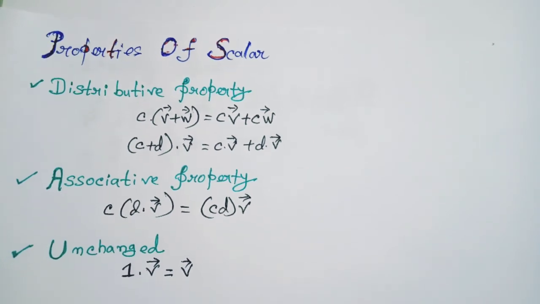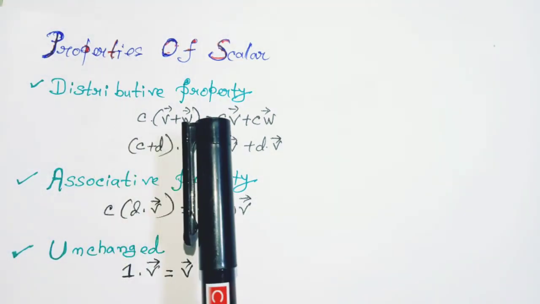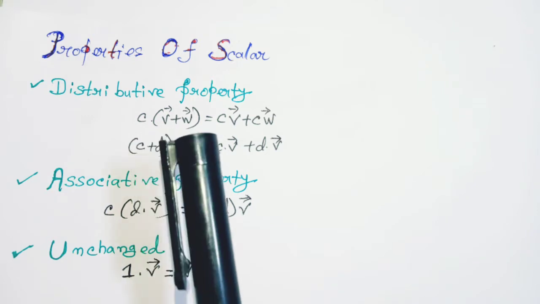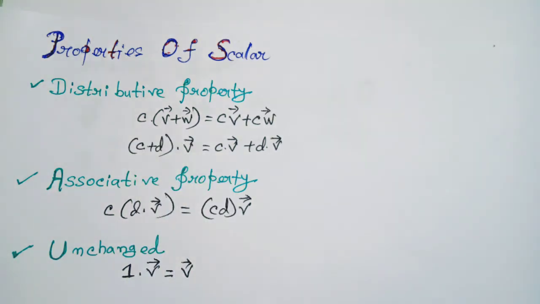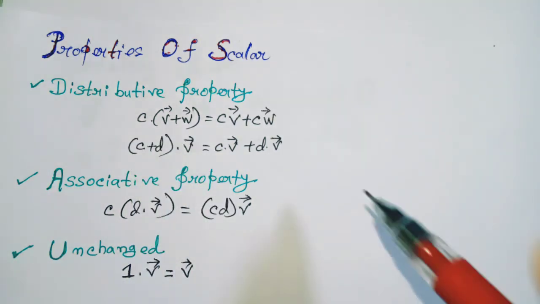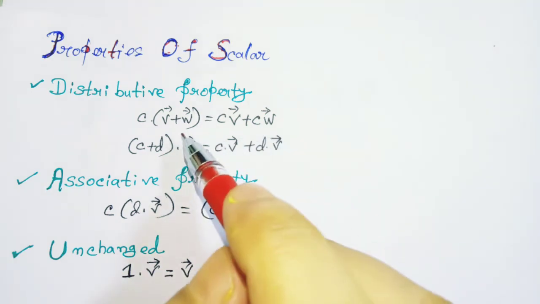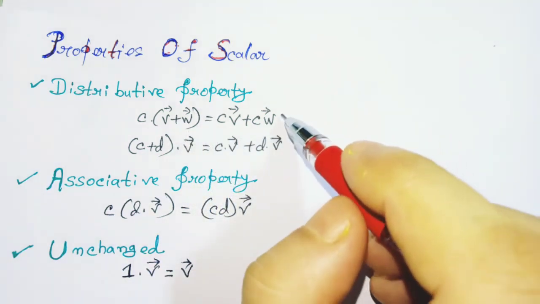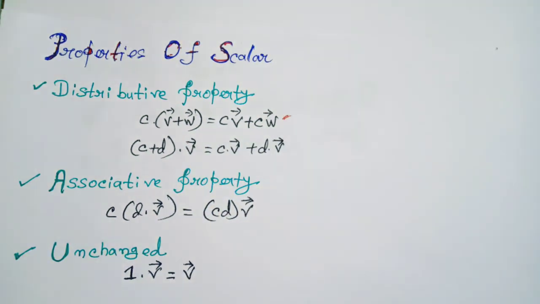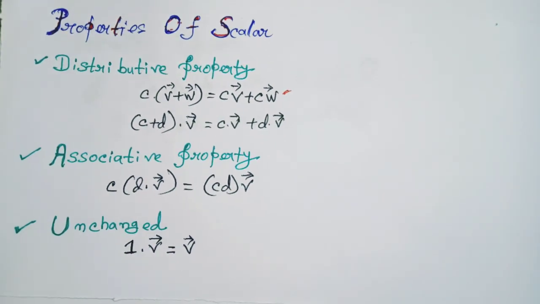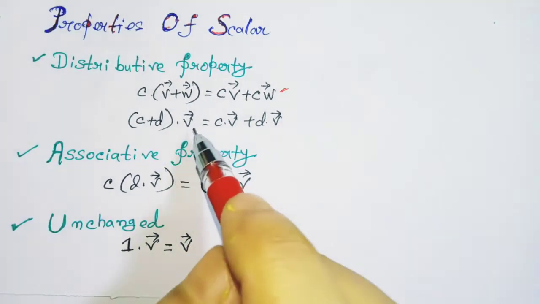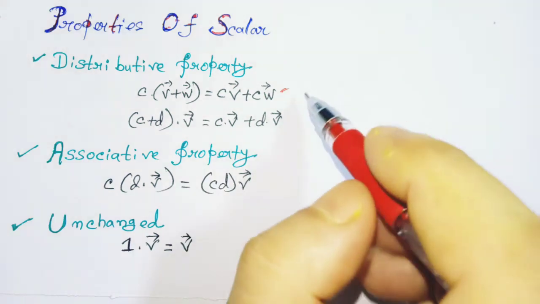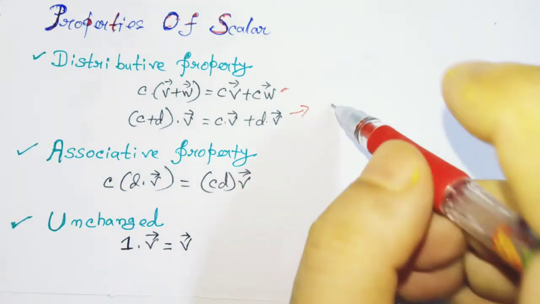So see, the properties of scalar is called a distributive property. I will just show you with real numbers. So c multiplied by (v plus w) equals cv plus cw. This part is a distributive property, right? Then we have (c plus d) multiplied by the vector v equals cv plus dv, obviously. So can I draw a kind of a real number?